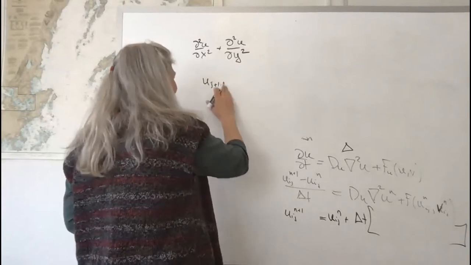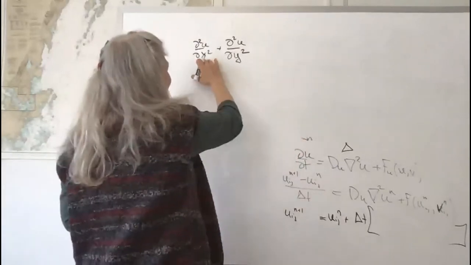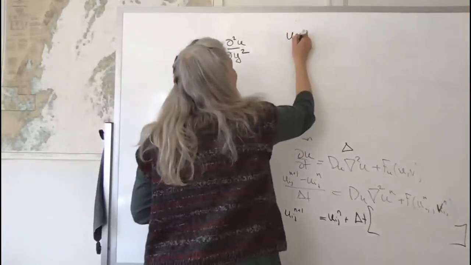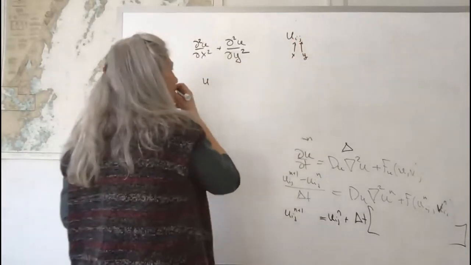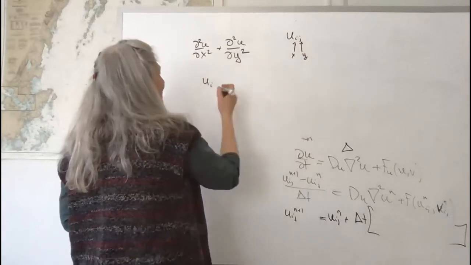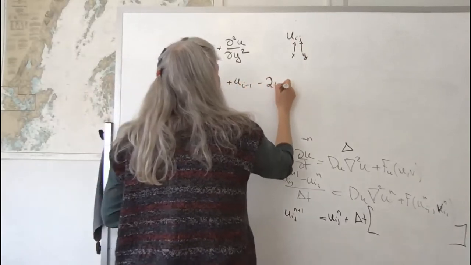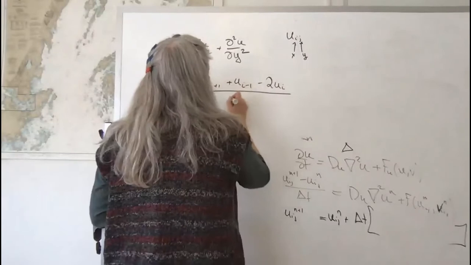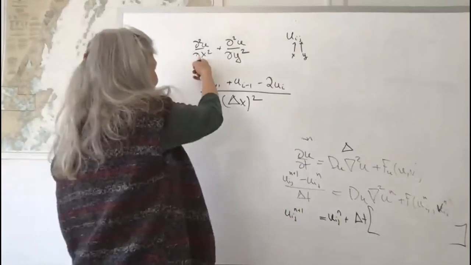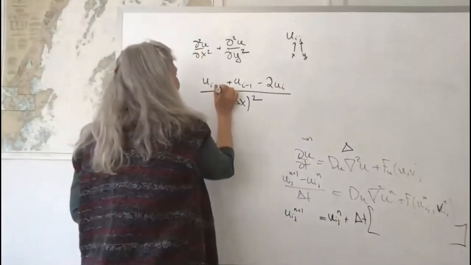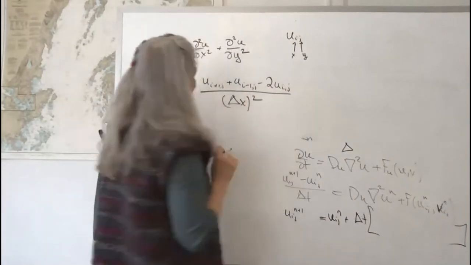So we have i and j. Let's only look at the x part, and so it's u_ij, where i is the x discrete index and j is the y part. So I'm going to drop the j index for the moment. u_{i+1} plus u_{i-1} minus 2u_i over delta x squared. And that is an approximation for this. Now I can add the j part, like that.